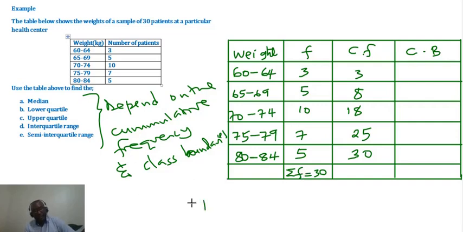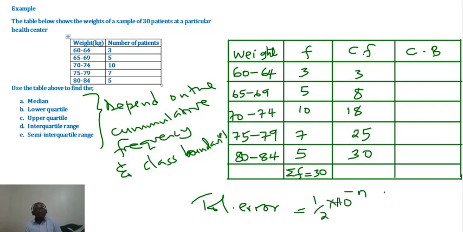Know that the tolerance error is going to be equal to half times 10 to the negative n, where n is the number of decimal places. Now when you look at our data here, it is to 0 decimal places. So n is 0, and therefore our tolerance is going to be 0.5.